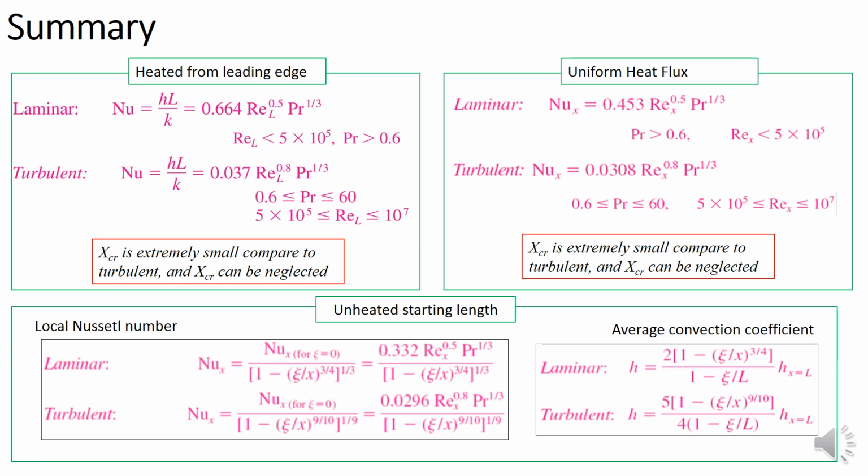Then we have the unheated starting length, with the local Nusselt number and average convection coefficient. From these three equations, we can predict the value of H for each case. This is the end of the second section on forced convection of external flow.